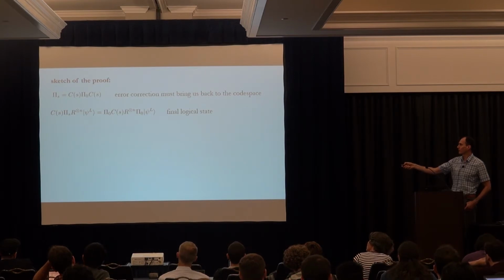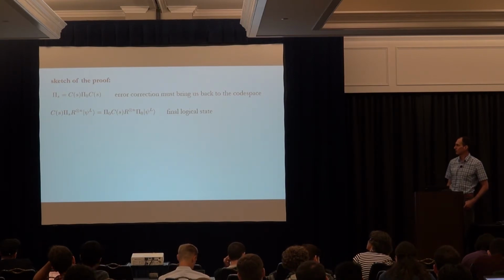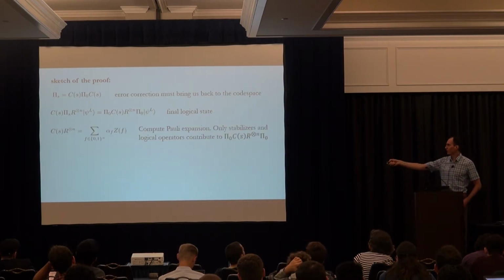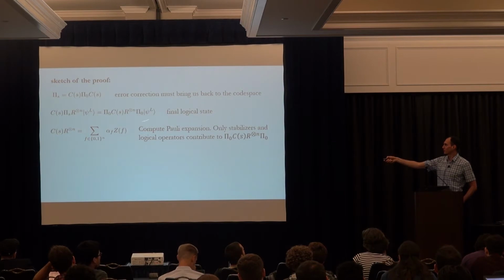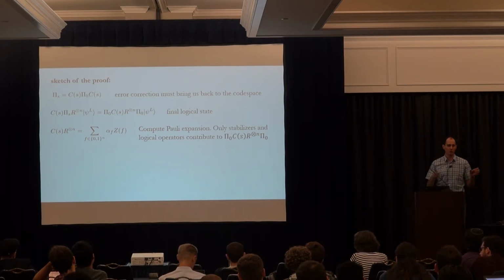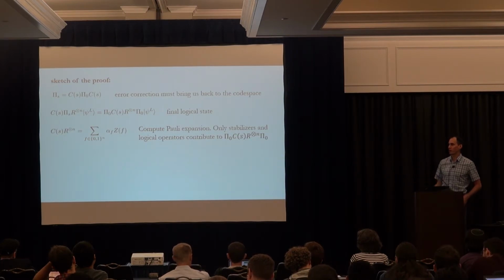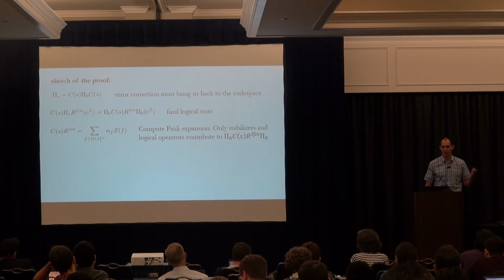If we use this identity, we can rewrite our final logical state in this form. Now, let's look at this operator. It's sandwiched between two projectors onto the code space. This operator is a product of Z rotations, and our correction operator we can assume is Z-type Pauli.